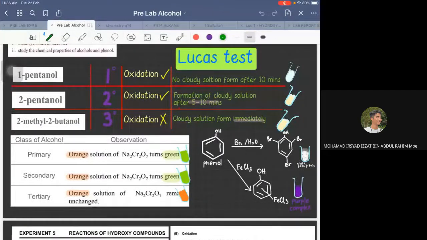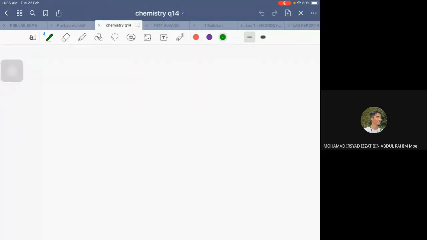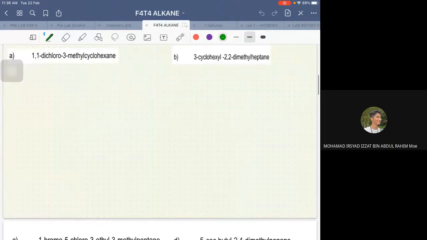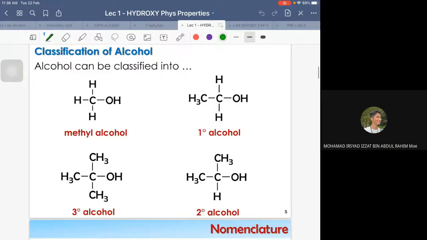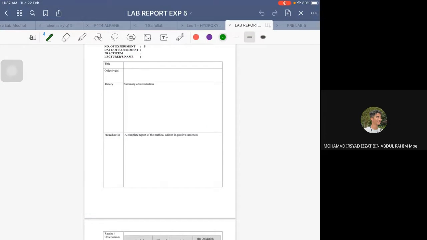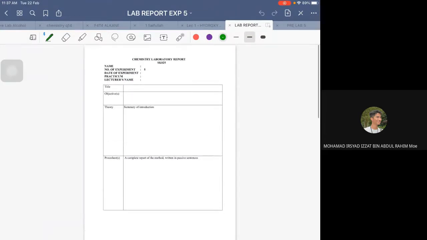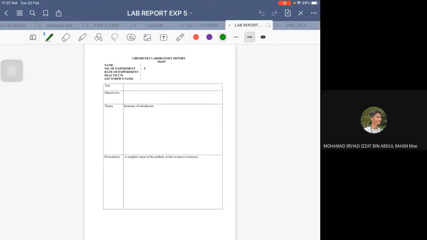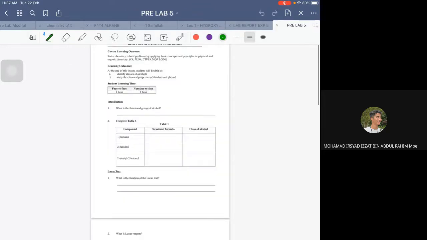Share. Okay, ni saya dah bagi untuk lab report. Next is kita tengok dekat pre-lab ni sebelum kita pergi dekat lab report.